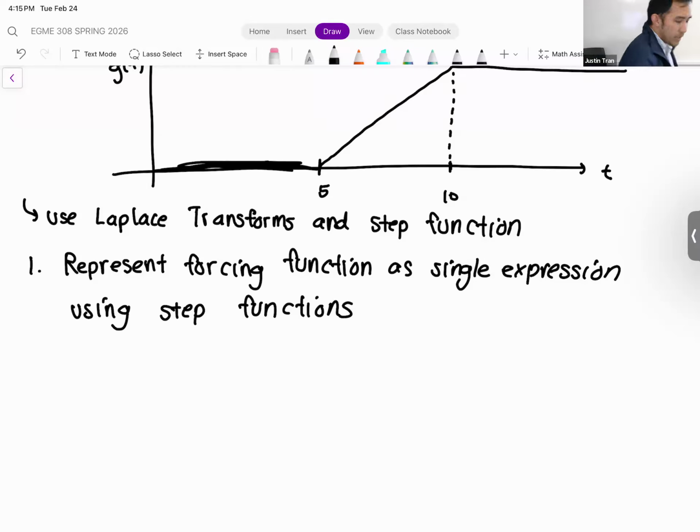Because right now, our forcing function is in three separate pieces, and we want to represent that as a single expression, just so that we can take its Laplace transform.